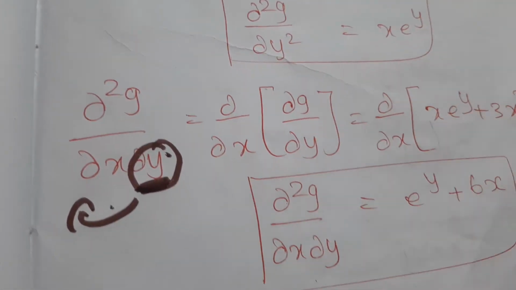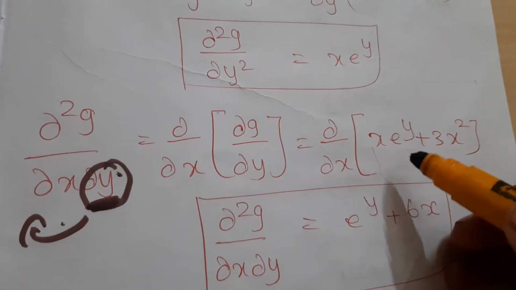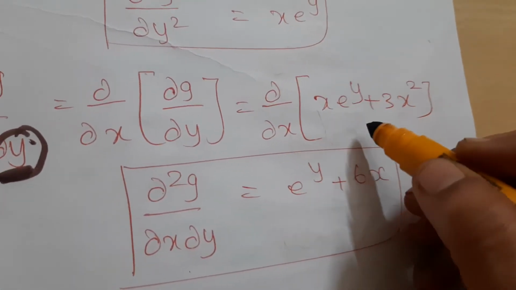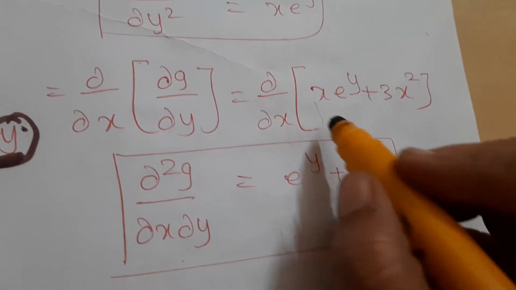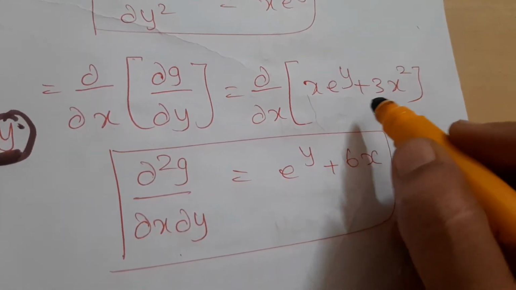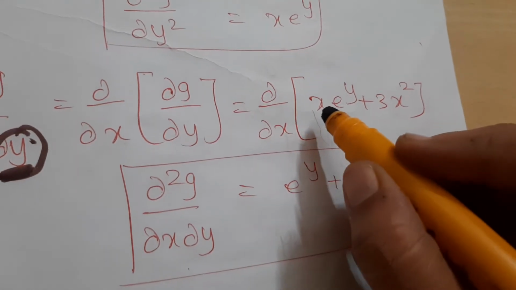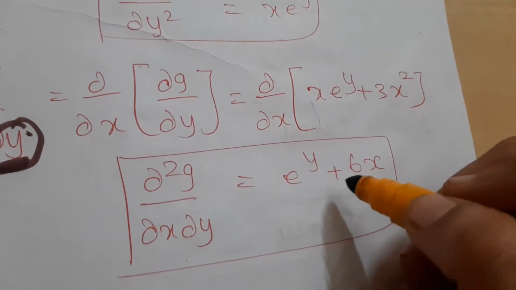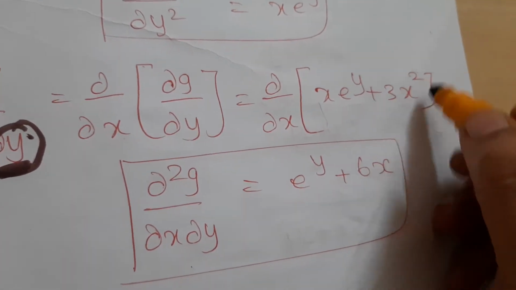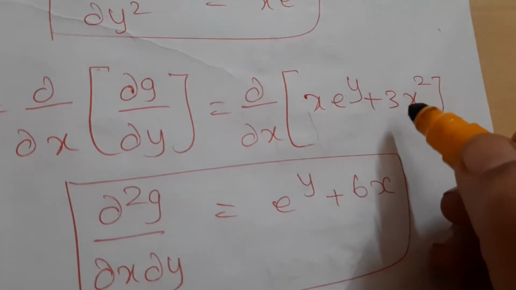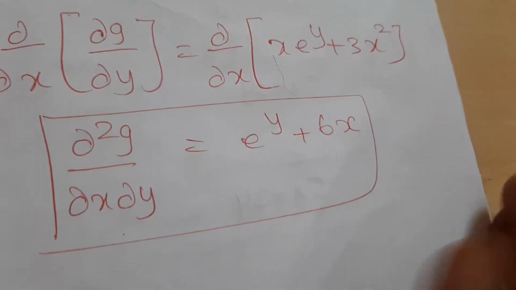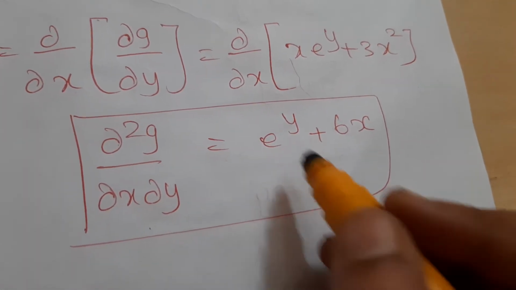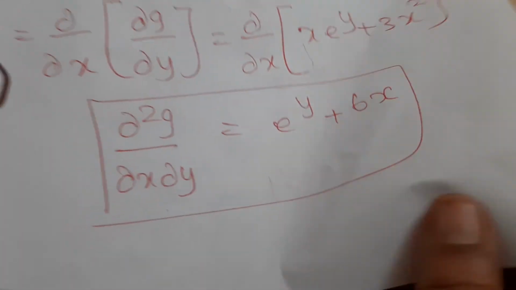So dou by dou x of dou g by dou y, whose answer is x e power y plus 3x square. So this term I want to differentiate with respect to x. With respect to x, this will become 1 and e power y, plus for 3x square, 6x I must write. Therefore the answer of dou square g by dou x dou y is e power y plus 6x.